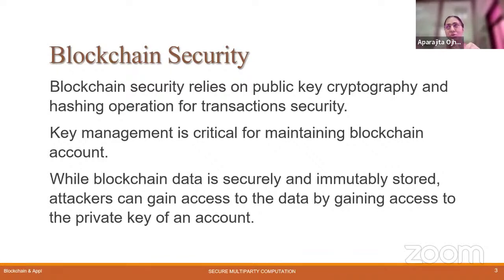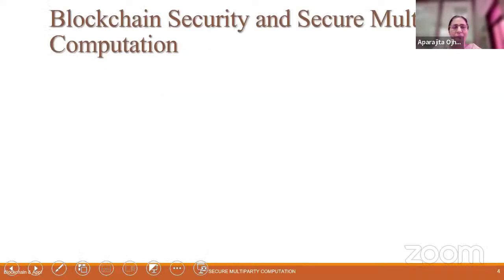What I intend to say here is that while blockchain data is securely and immutably stored, attackers can gain access to the data by gaining access to the private key of an account, right? They can gain access to your private key, and they can steal all your cryptocurrency. That can happen.